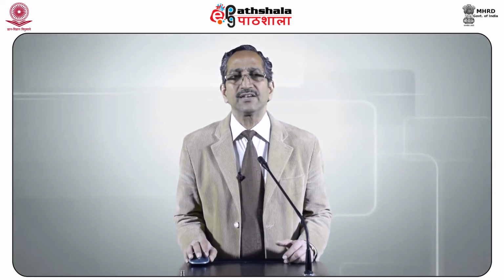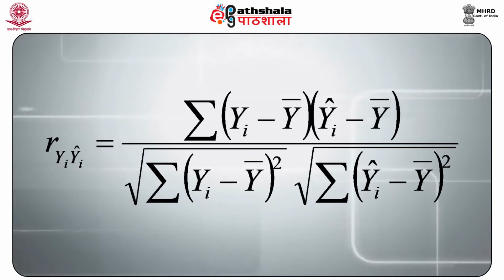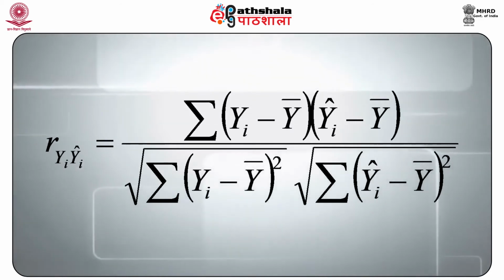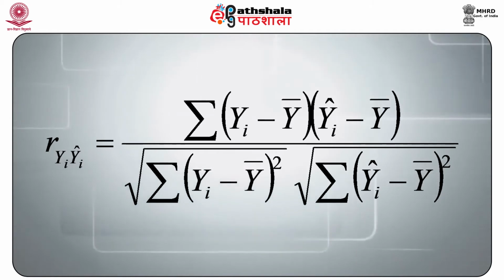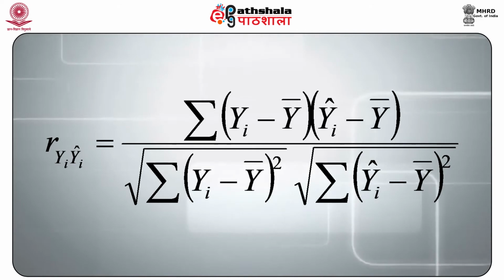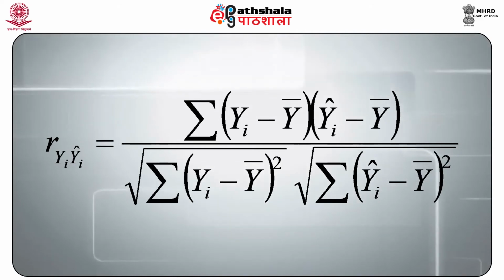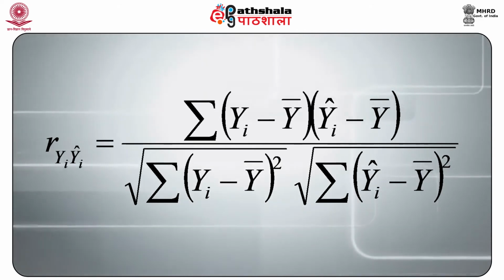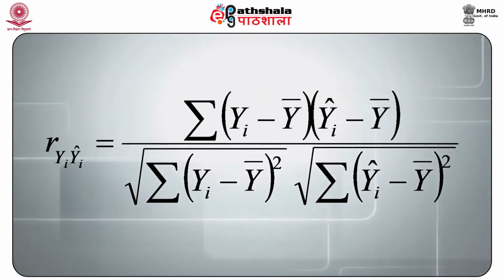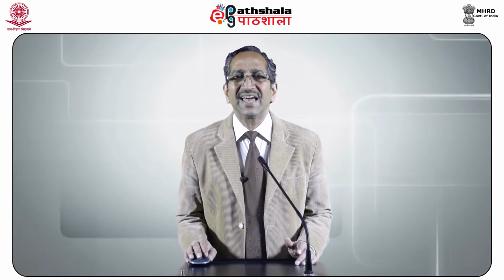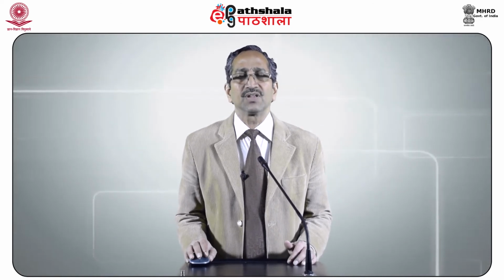Let me repeat that R between yi and yi hat is equal to summation yi minus y bar into yi hat minus y bar, upon the square root of summation yi minus y bar square into the square root of summation yi hat minus y bar square. This I am denoting as equation 11.